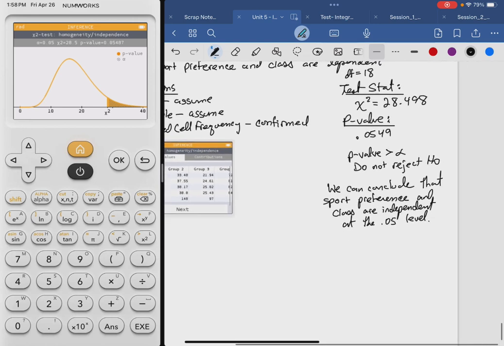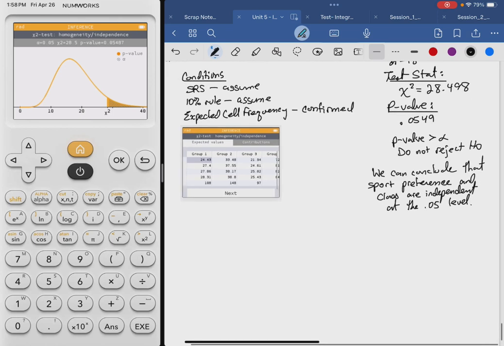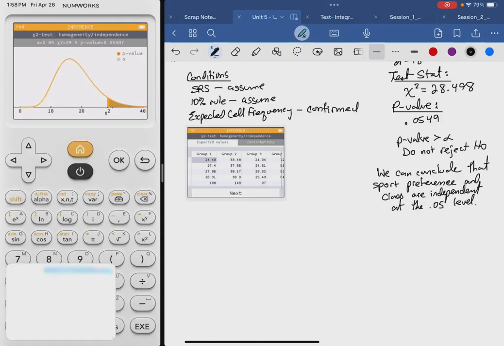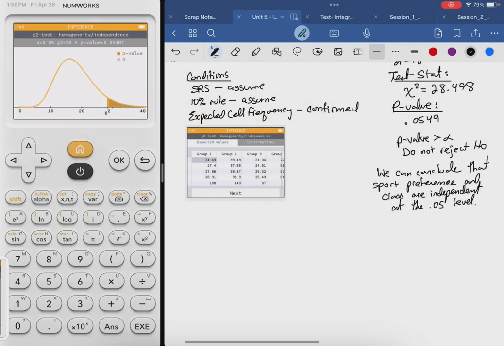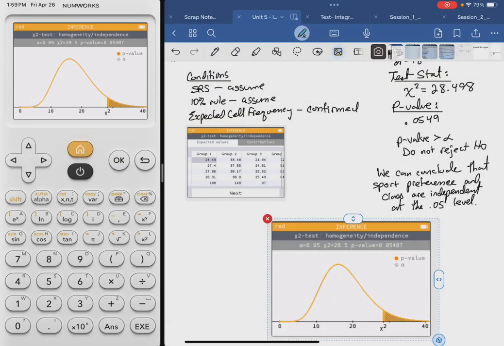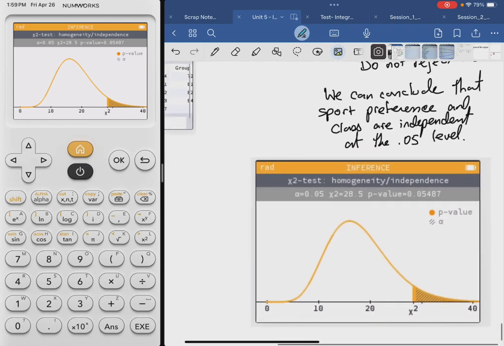Get my picture. You can see here, again, it's skewed right, although it doesn't seem as skewed right as the other one. It certainly isn't as skewed, but there definitely is a little bit of skew to it. You can see what I was talking about before, that the p-value, which is the orange shading, is not contained within the alpha value.